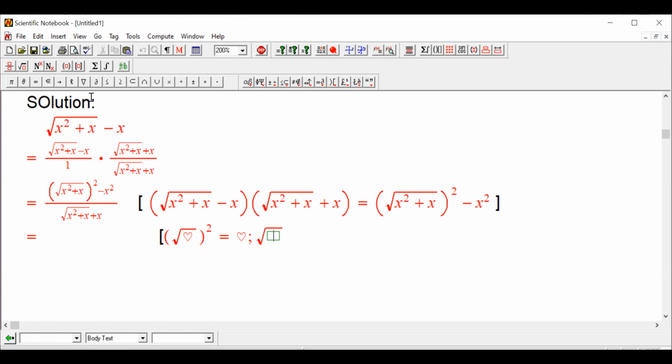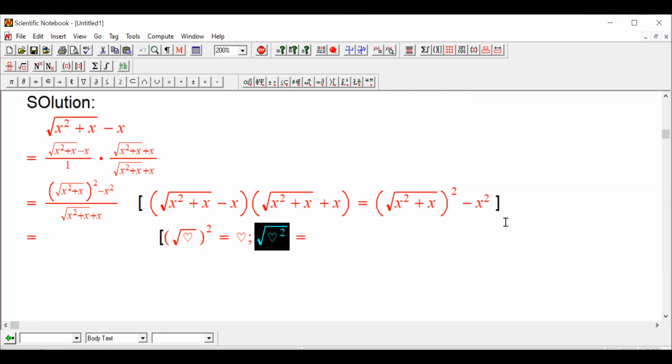So what if I have the square root of heart squared? What does that equal to? Are these two the same? Is this expression and the other expression the same? The answer is no, they're not the same.